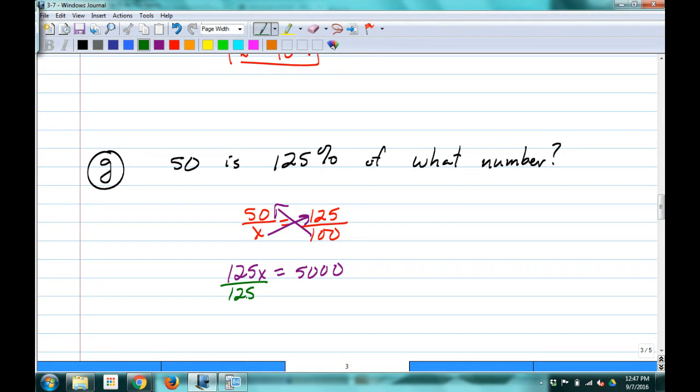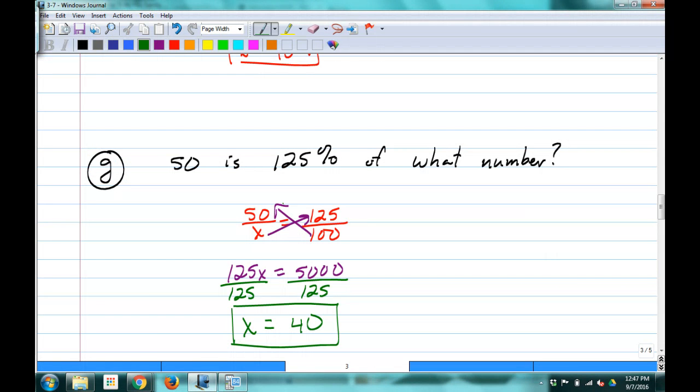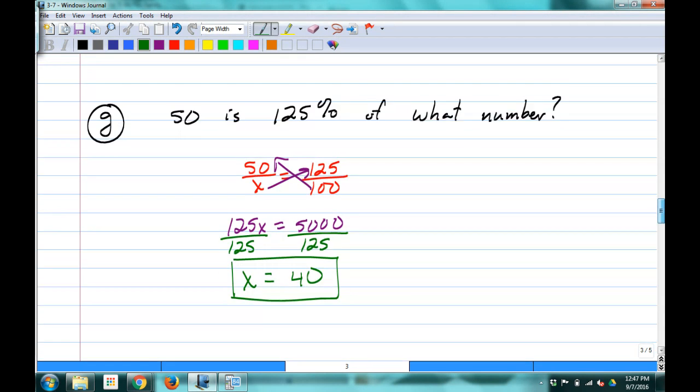Divide. How much is that? 40. Is that right? Okay. 5,000 divided by 125 is 40. Not bad. Okay. Is over of equals percent over 100.